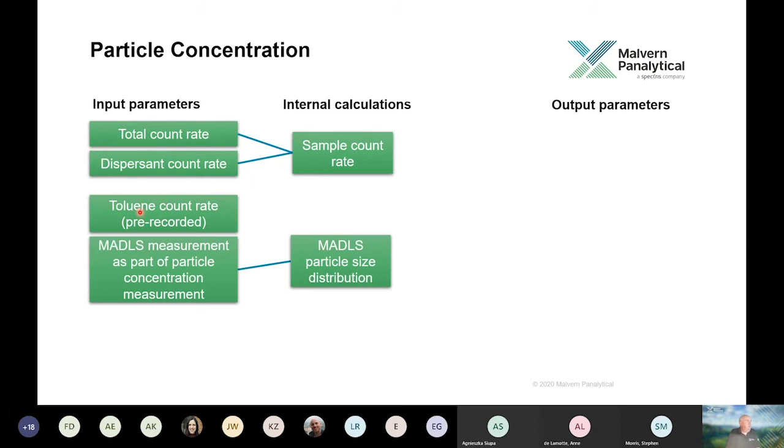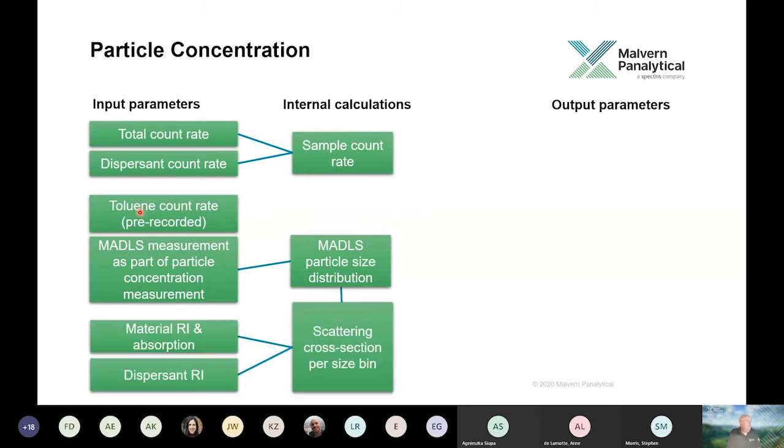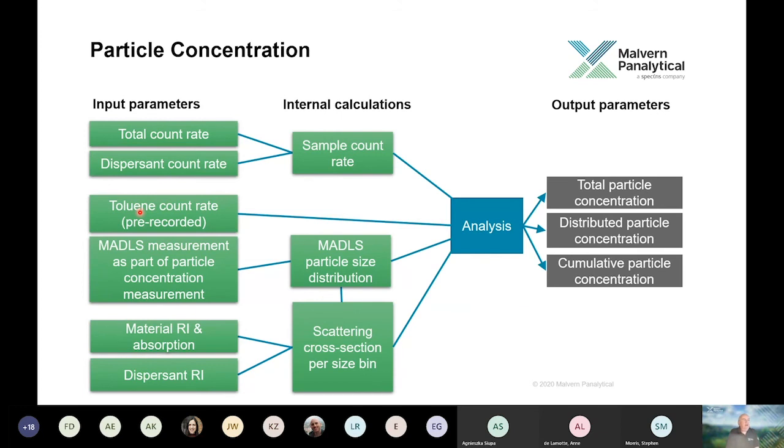We do the MADLS measurement. That's done as part of the particle concentration measurements. We end up with our MADLS particle size distribution, and then we've defined the optical properties of the particles and the dispersant, and that allows us to calculate the scattering cross-section per size class, and that in combination with the MADLS size distribution allows us to perform the analysis.